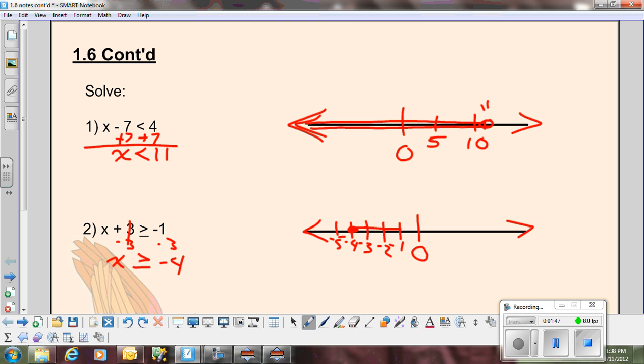And I go to the right on this one. Solid dot for the equal sign, open dot for no equal sign. Okay, any questions about that one?